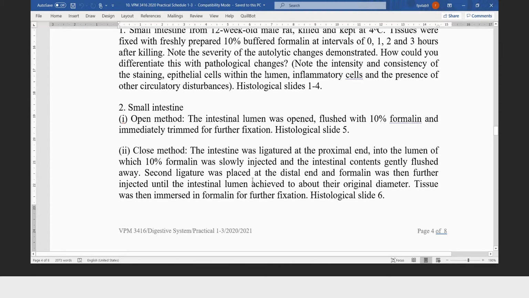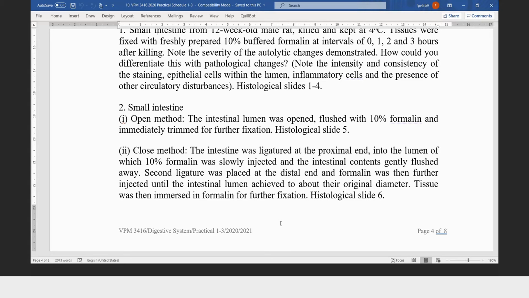This is a technique you will use when you want to study the morphology of the intestinal tract: you ligate the proximal end, then infuse 10% formalin into the internal content, then flush it away, place a second ligature on the distal end and inject formalin further until it settles and achieves about the normal origin. This is very good to preserve the epithelial lining of the villi. The result is so good.